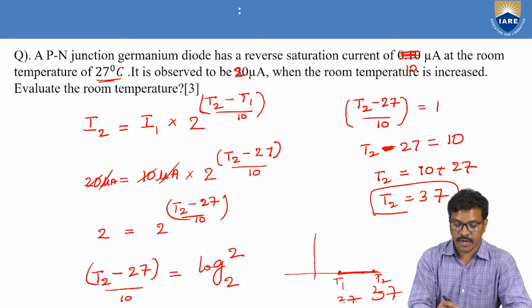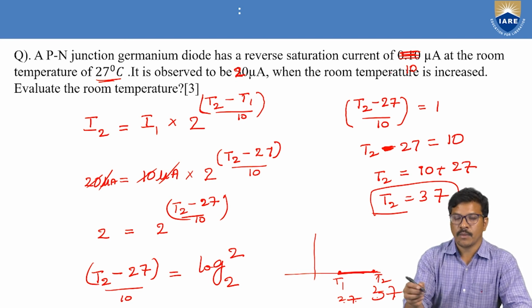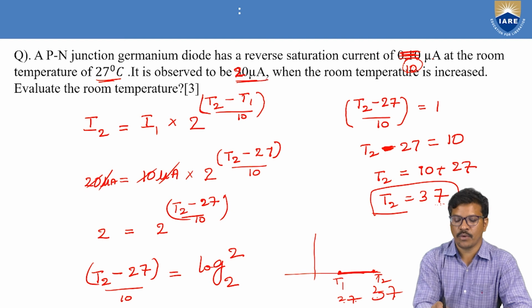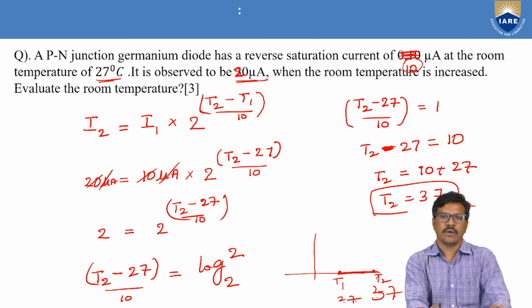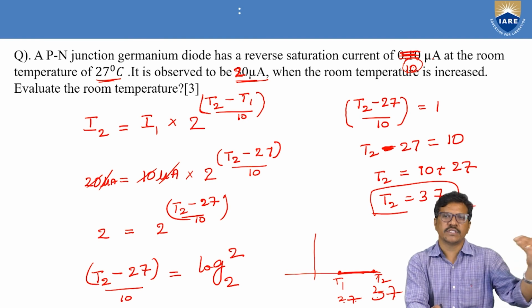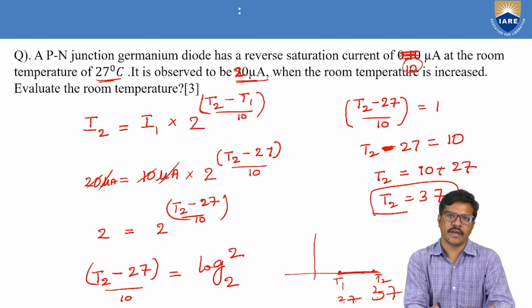Then the rise in the reverse saturation current should double. So initially during T1 it is 10 microampere. After increasing the temperature to 37, it doubles, 10 microampere to 20 microampere. So every 10 degree change in the temperature doubles the reverse saturation current.